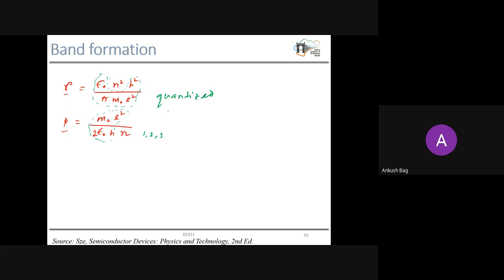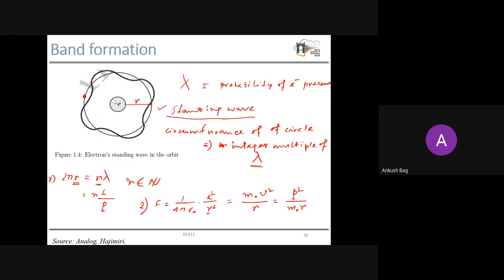Going back to the concept from where we started this derivation, to have a standing wave of electrons surrounding the nucleus, this wave will take discrete, quantized values of r as well as momentum. Electrons cannot take just any radius or any momentum. These are quantized in order to have this standing wave behavior.